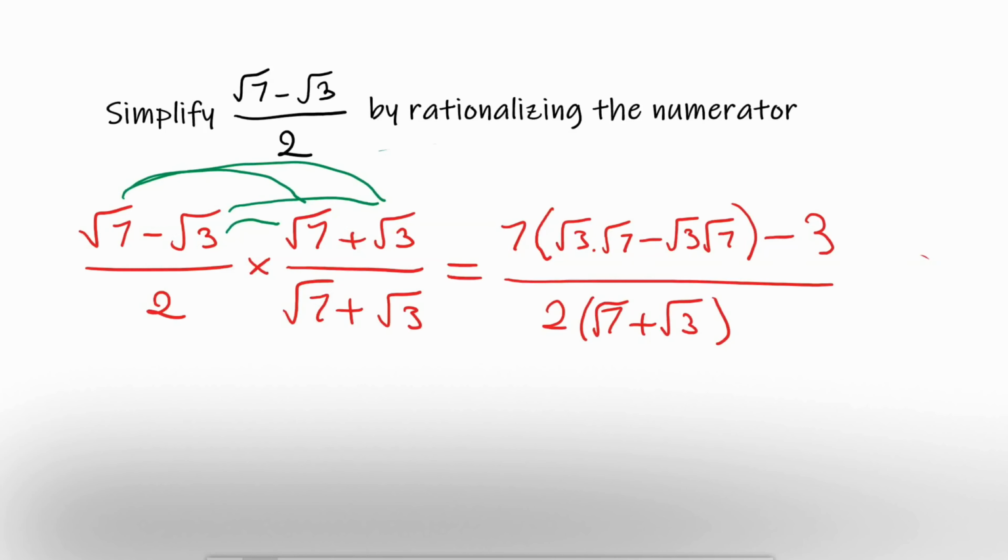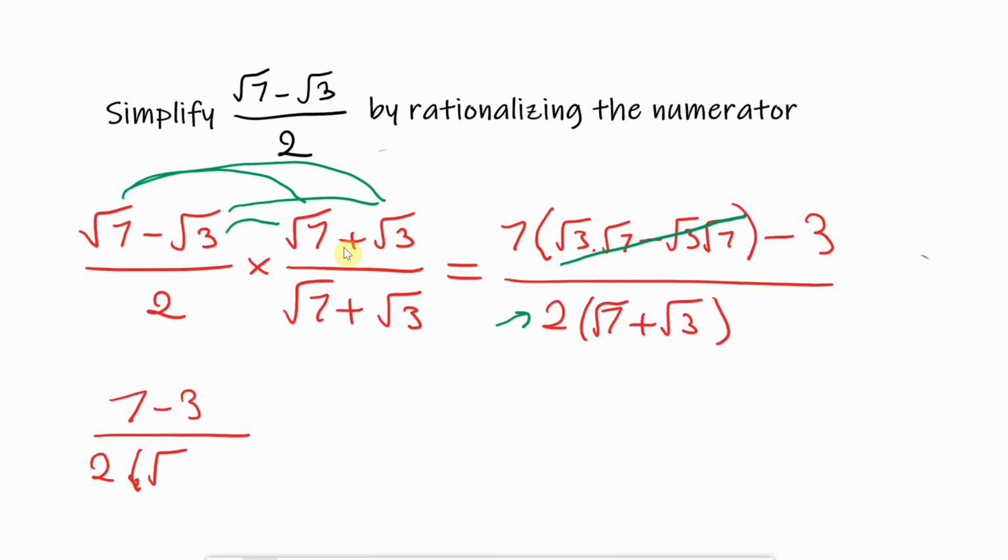Because in most of the cases, whatever is outside, like this portion, is probably going to be cancelled out by whatever we end up with in the denominator. So we can start by cancelling this portion out because it's positive and the negative of the same number. So you can think of it as like 5 minus 5. So we ended up with 7 minus 3 over 2 in brackets root 7 plus root 3.